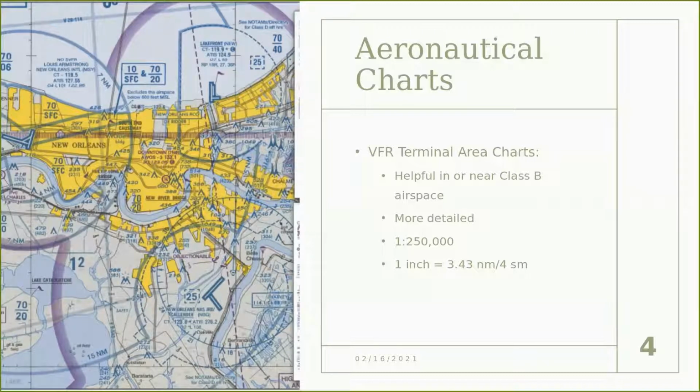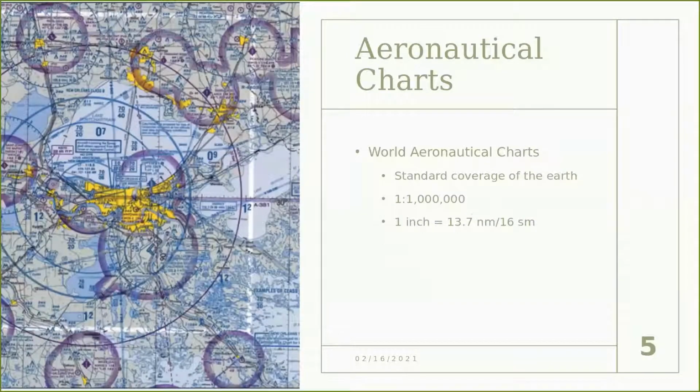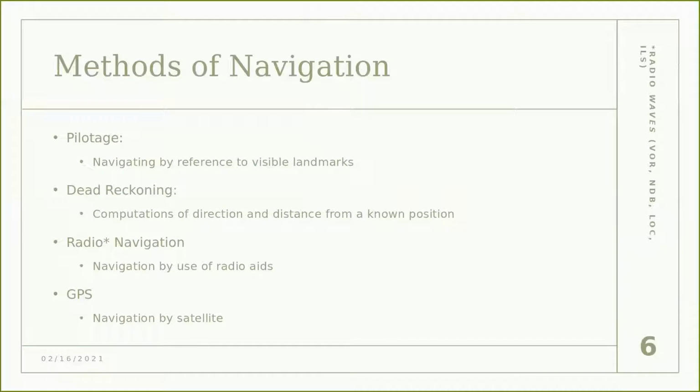For aircraft flying around there from other airports and transitioning through the airspace, generally under visual flight rules that we fly as student and private pilots, it gives you more information of what to expect, where obstacles are, where common routes of travel are. So it is a little bit of a zoomed in scale. And then world aeronautical charts, you're really never going to be seeing much of this, but they do exist. So I will move on from there. Don't need to spend a lot of time on that.